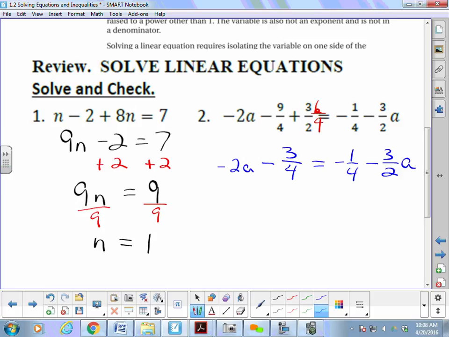Here's the thing: we always want to move the smaller variable term, and negative 2a is smaller, because negative 2 is smaller than negative 3/2. Why is that important? That's right. We want the coefficient of our variable to be positive. So we're going to add 2a to both sides.